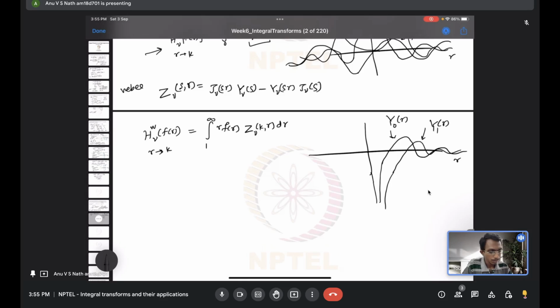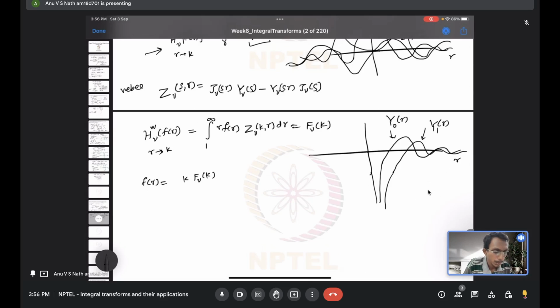Okay, so the inverse of this particular transform you can get back. Let's call this capital F nu of k. So you can get back the function f of r using the inverse, the integral of k times F nu of k.